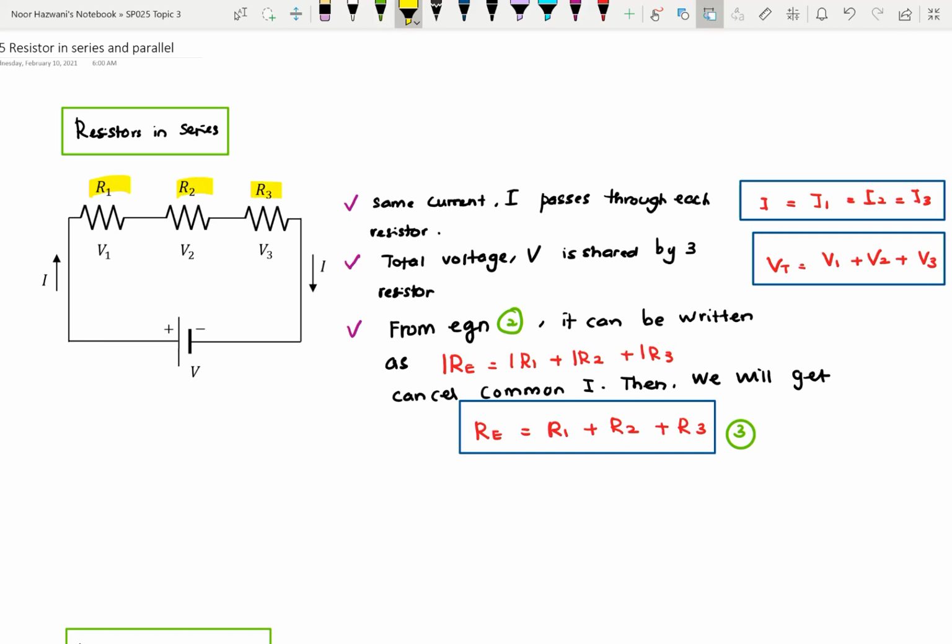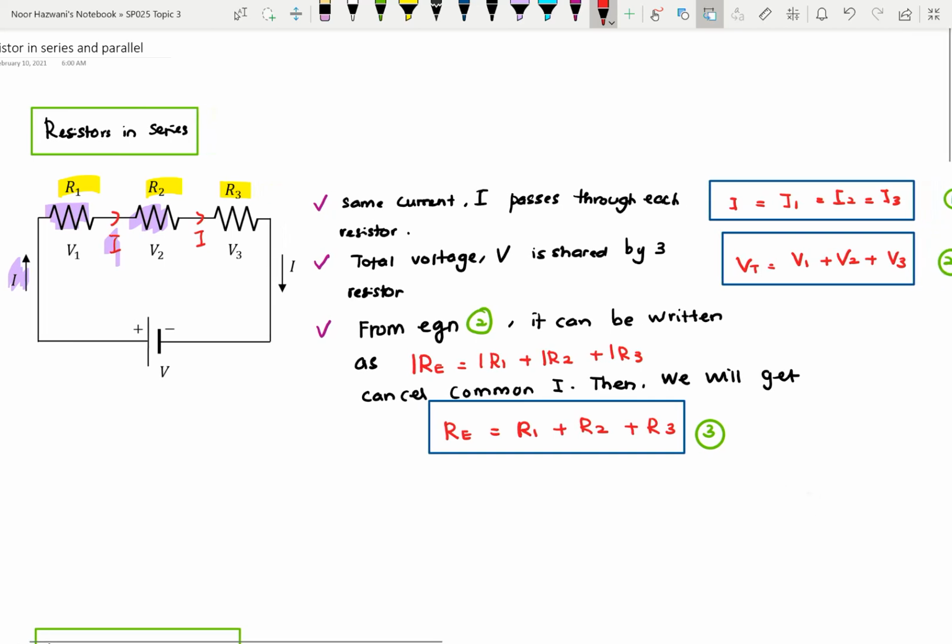Okay, so when total current flows, this would be our I total passing through R1. It is actually the same current passing through it, and after that also still the same current I will pass through R2 here, and then also the same current will pass through R3.